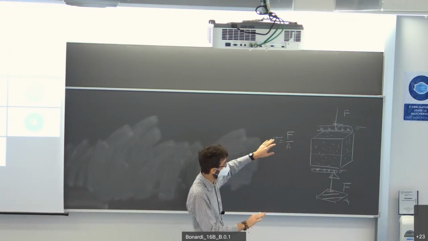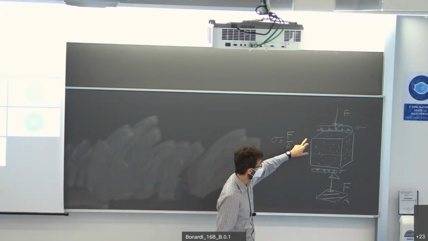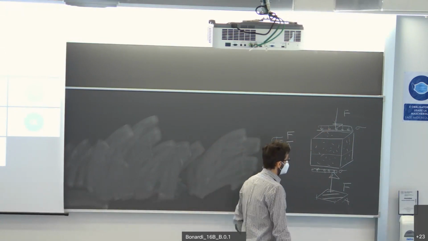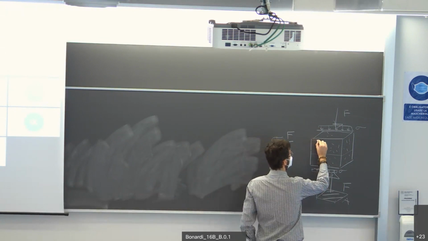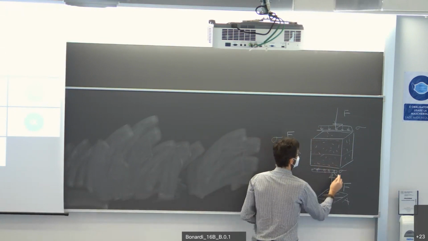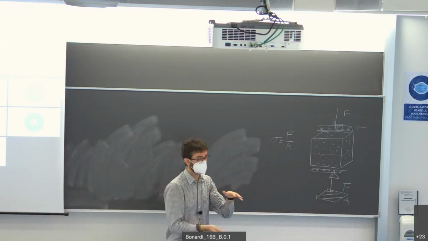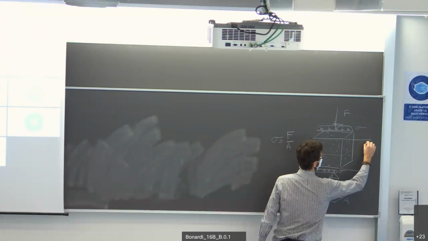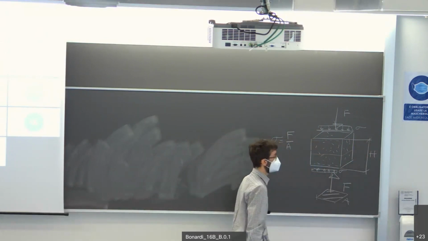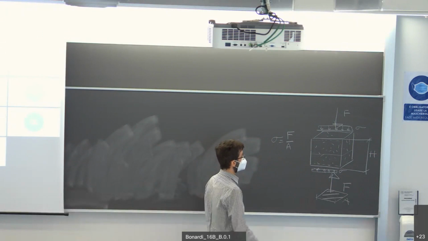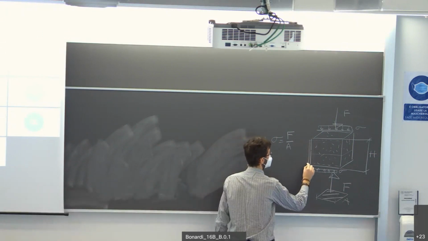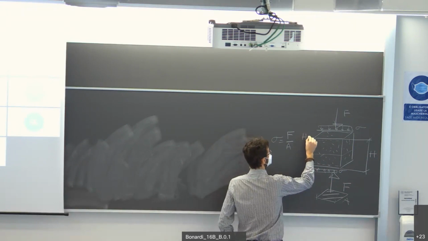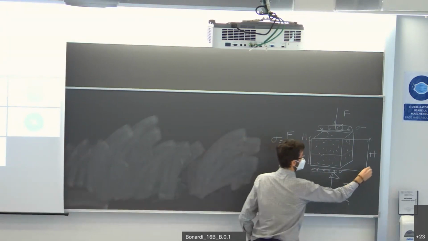So we start from the unloaded element. We apply progressively increasing external load, and this sample tends to shrink, obviously, okay? So we start with the original height, capital H0, and then we end up with, I don't know, H1.